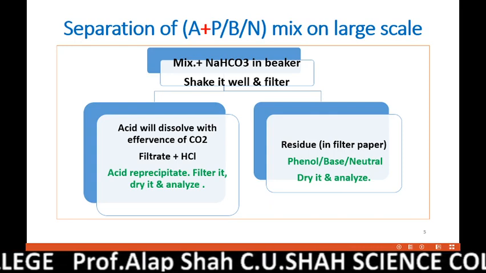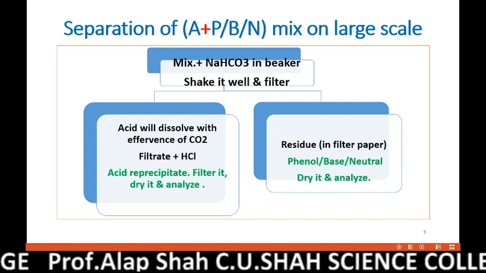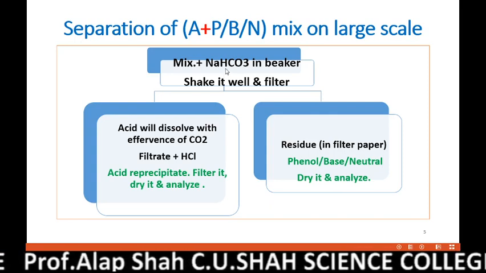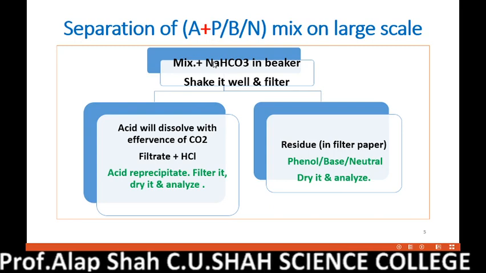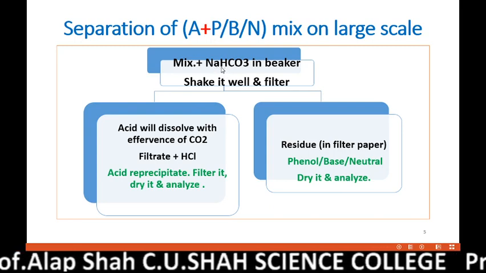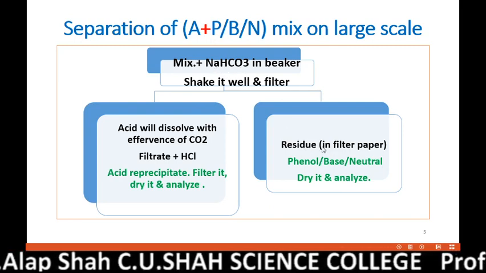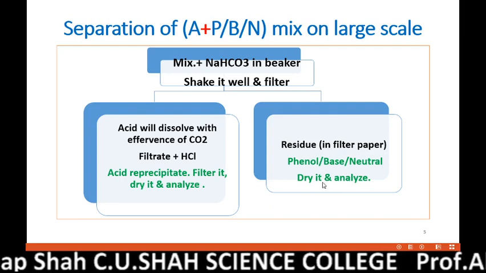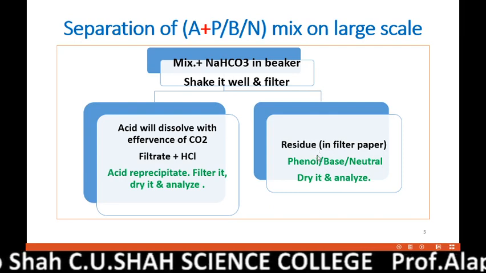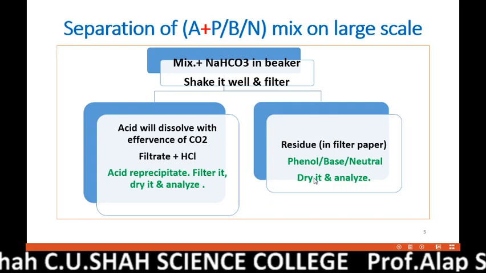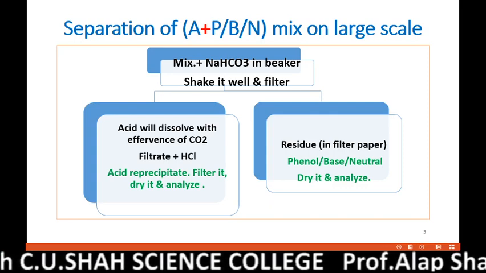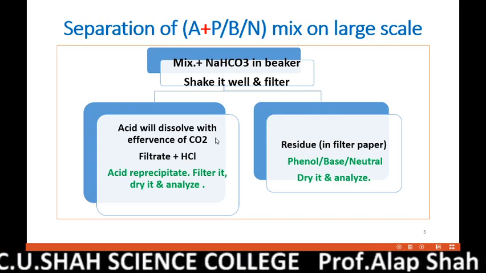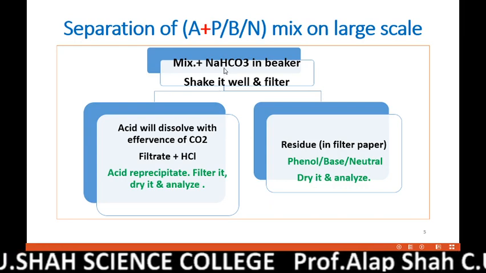You have to remember this, because phenol or base or neutral don't dissolve into the sodium bicarbonate solution, so they are set free in the residue. You just have to dry it, because it will be on the filter paper. Unfold the filter paper, dry it with blotting paper and analyze it. But the acid is in the NaHCO3.